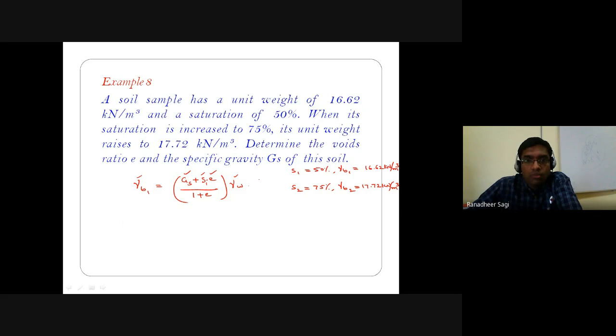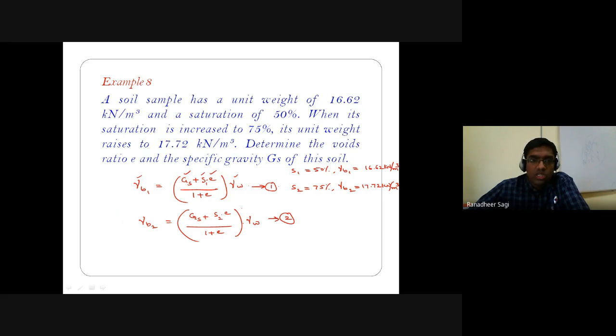So from this equation 1 and subsequently the other equation, that is gamma B2 is equal to (GS plus S2 into e) divided by (1 plus e) into gamma W. So in these two equations, I have got two unknowns, that is void ratio and specific gravity of soil solids. Solve those two equations to get your two unknowns.